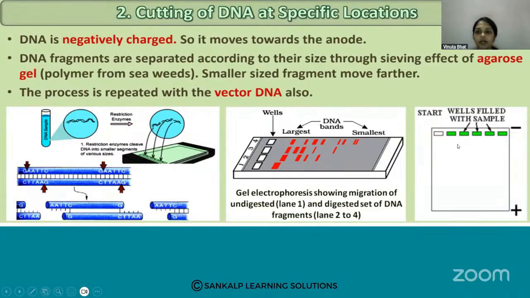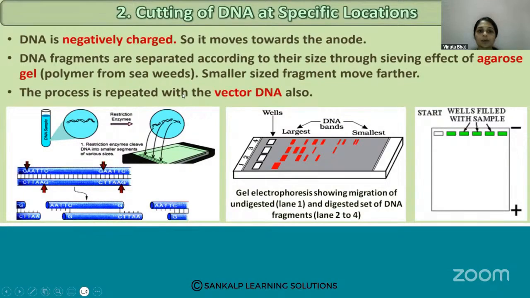Here you can see how the DNA molecules move towards the anode. DNA fragments are separated according to their size. Sieving effect of the agarose gel: smaller fragments move faster, and the larger ones move slower.